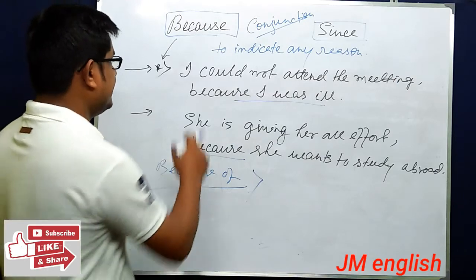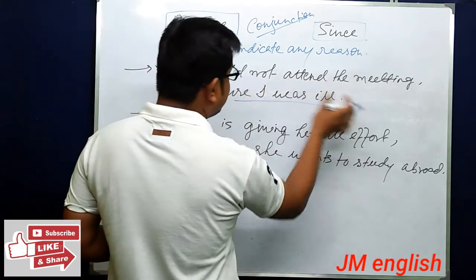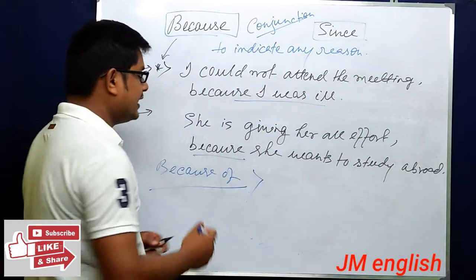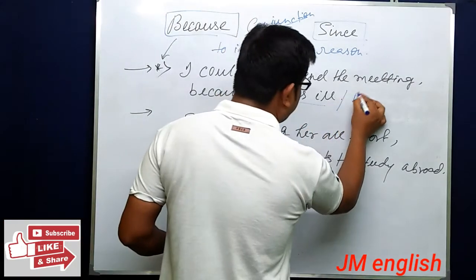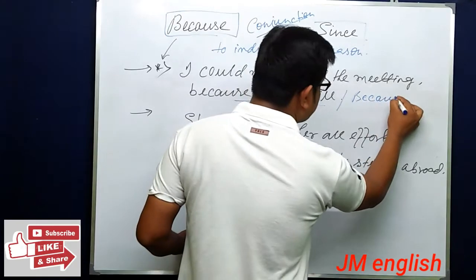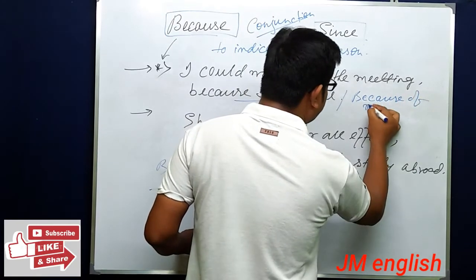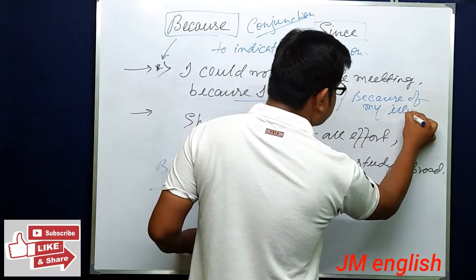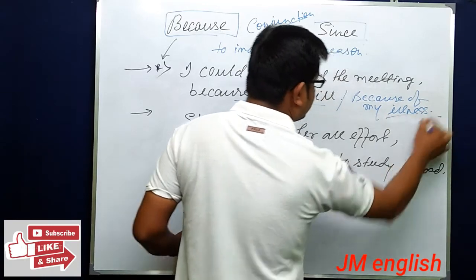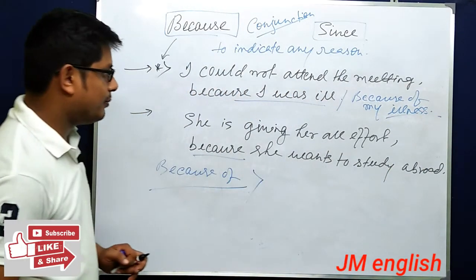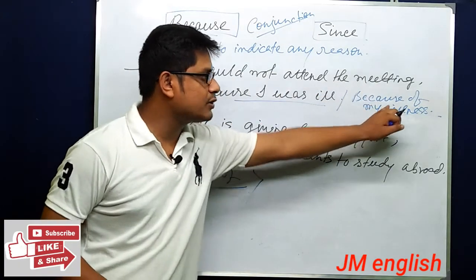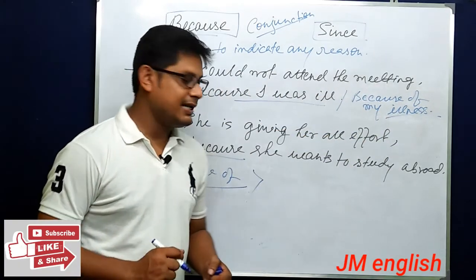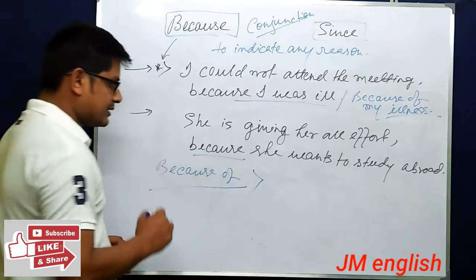See, in this sentence, if I say, I could not attend the meeting because I was ill, and you use because of, then how can you use it? You can say, because of my illness. See, illness is a noun form. So I have used: I could not attend the meeting because of my illness. Right? I'm giving you another sentence.